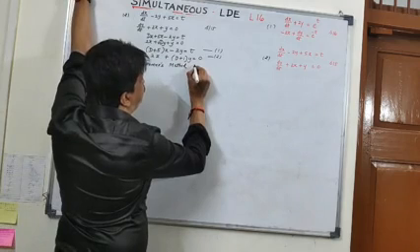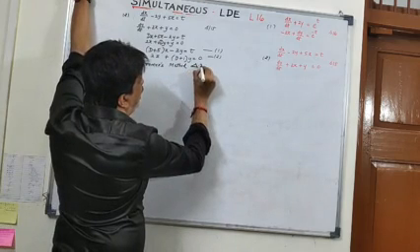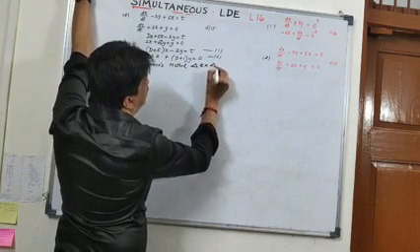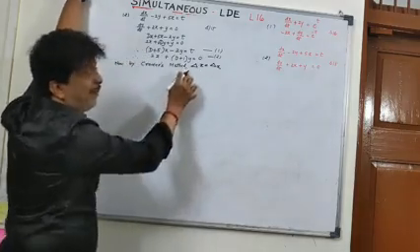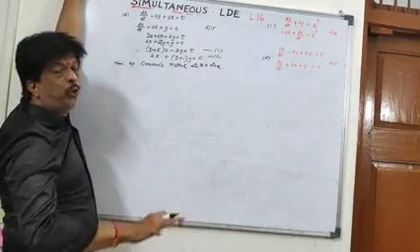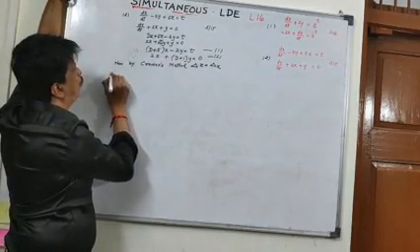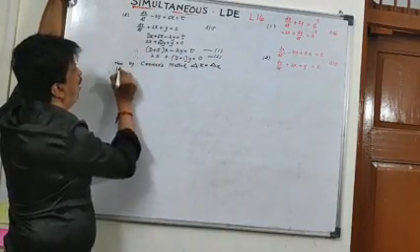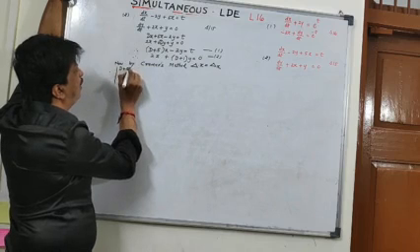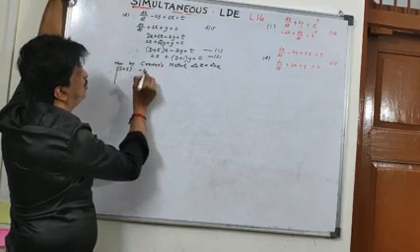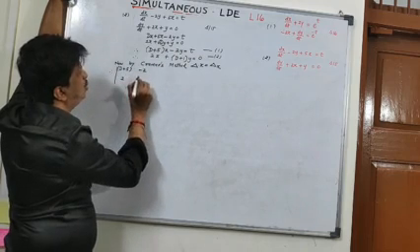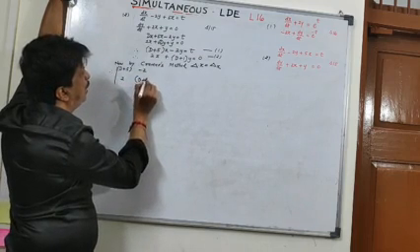What is Cramer's method? Delta into x is equal to delta suffix x. Delta means the 2 by 2 determinant of the unknowns, which is therefore D + 5, the coefficient of x and y, minus 2, the coefficient of x 2, D + 1.